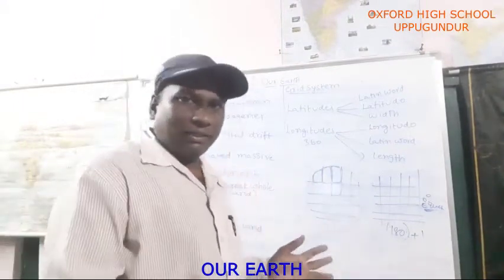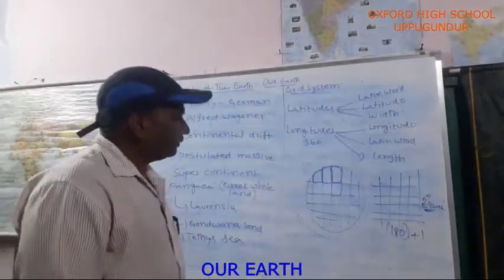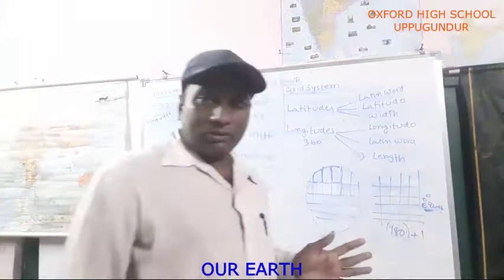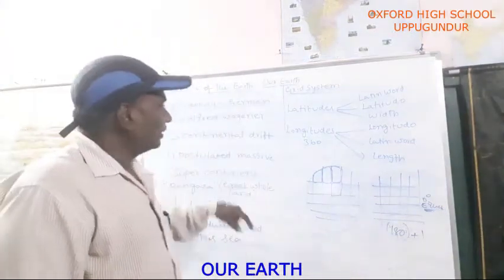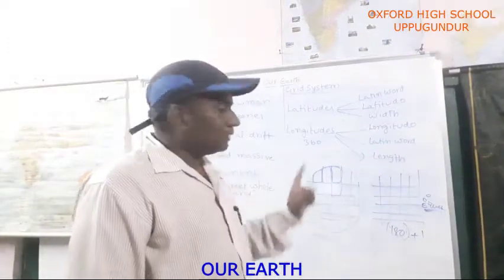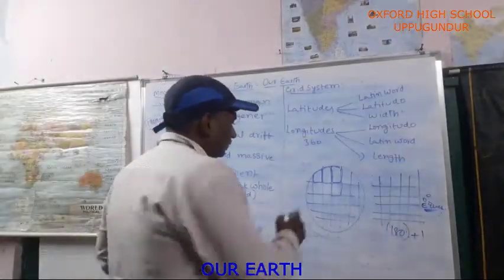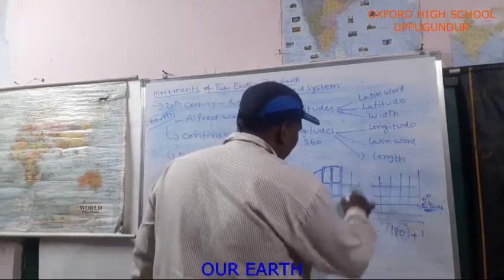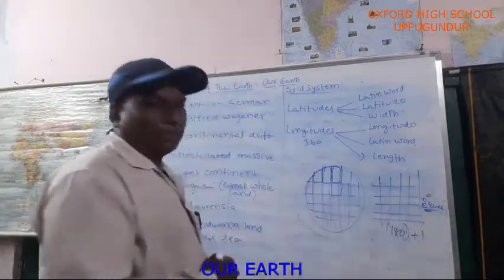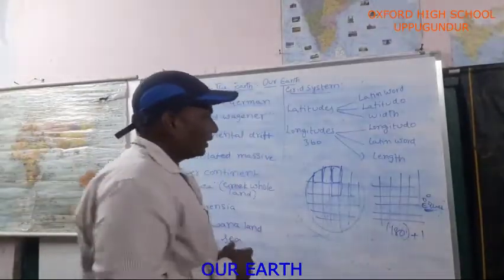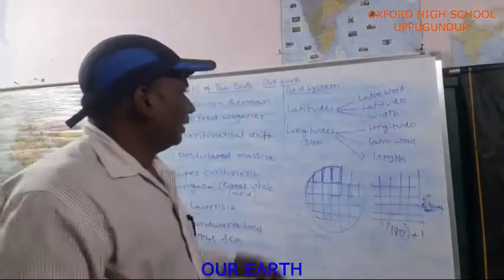From there, time is generally calculated. How many longitudes are there? 360 longitudes are present. These longitudes are also imaginary lines. These are semicircles. Longitudes are half circles. Latitudes are full circles. Longitudes are half circles.